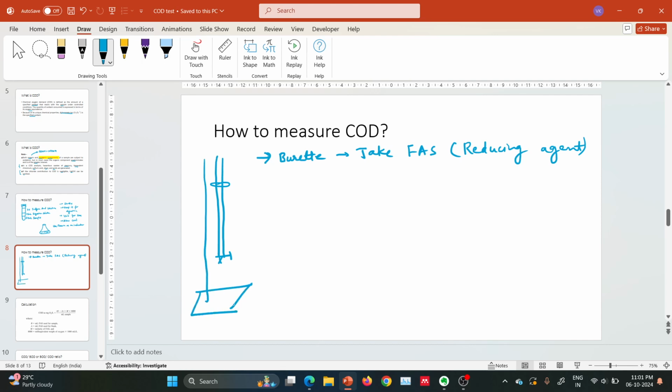This is the burette stand, and you can put the conical flask here and titrate.